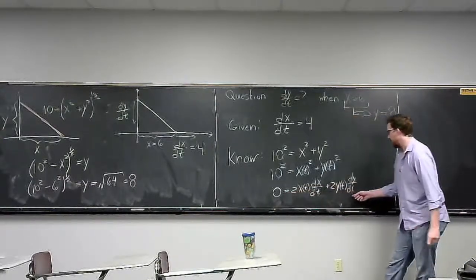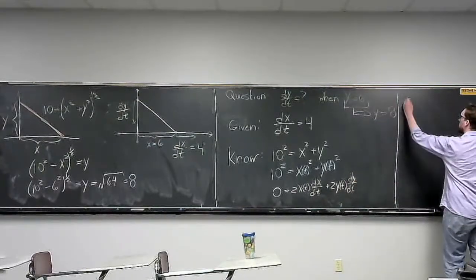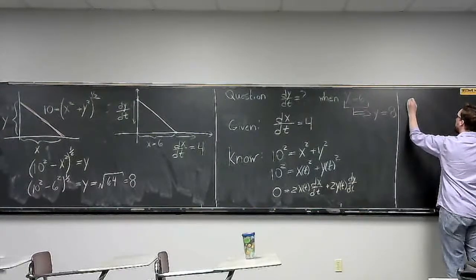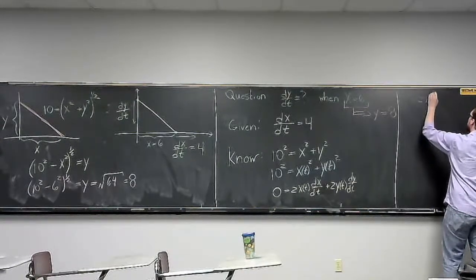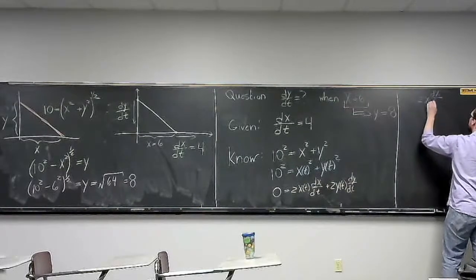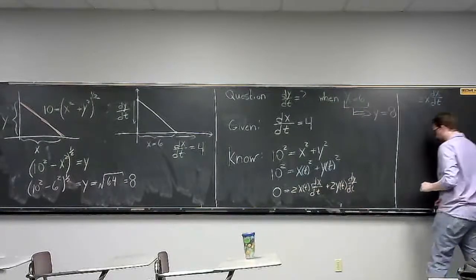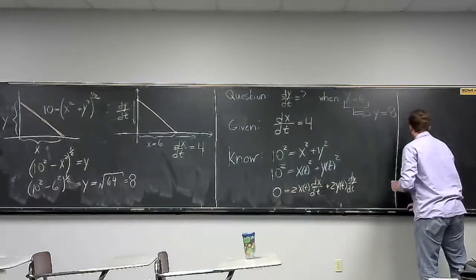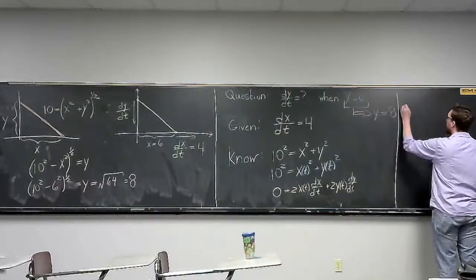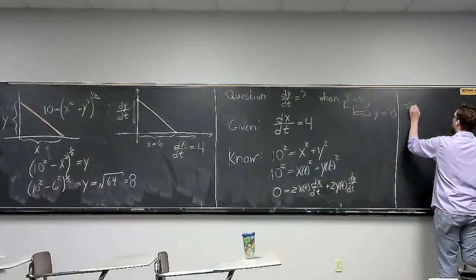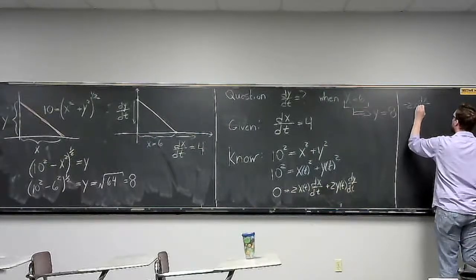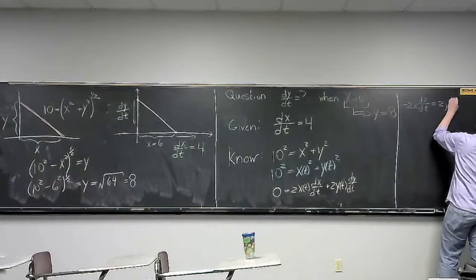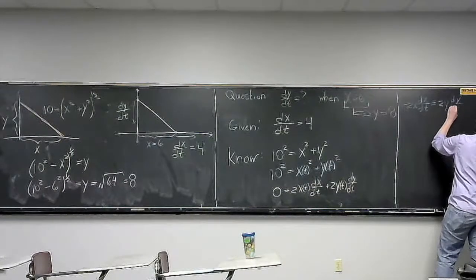Reorganizing this down here at the bottom, we're going to get that negative 2x dx/dt. Let me move this down a little bit so that sign's not in the way. So we have negative 2x dx/dt is equal to 2y dy/dt.